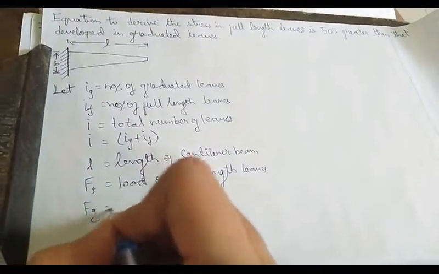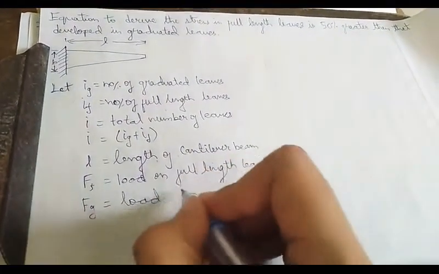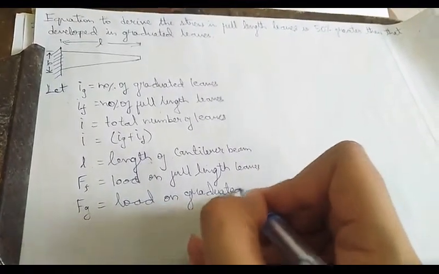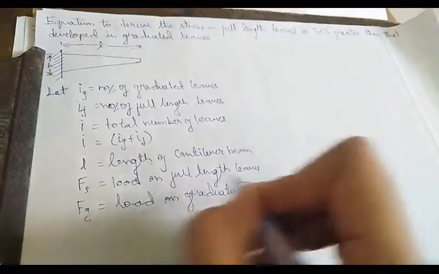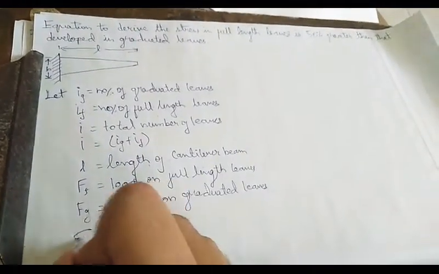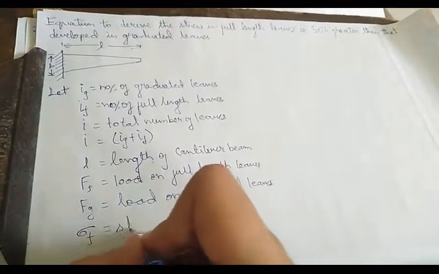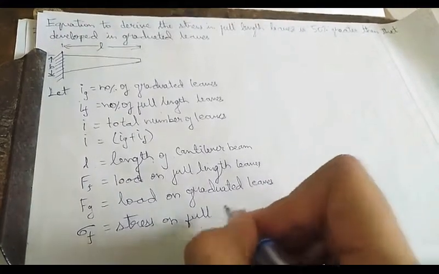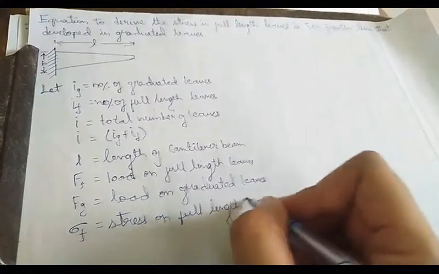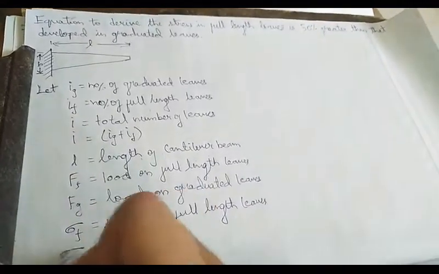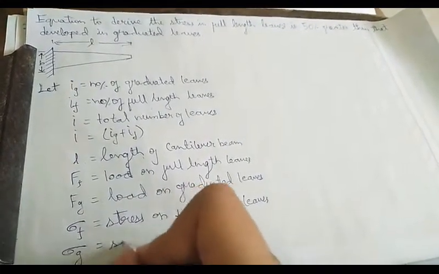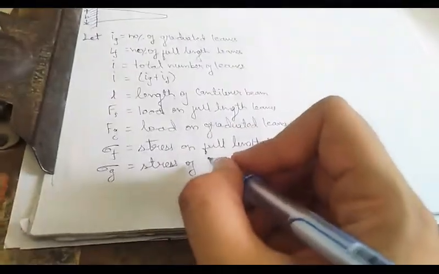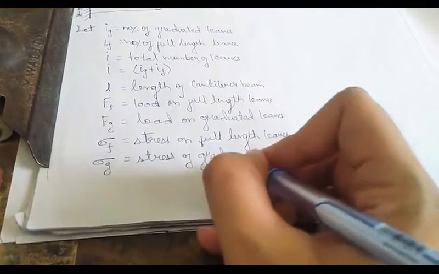And Fg be the load on graduated leaves. Sigma F be the stress on full length leaves. And sigma G be the stress on graduated leaves.